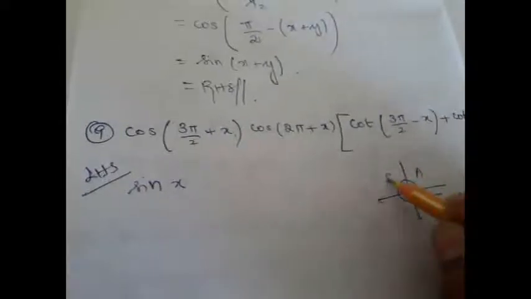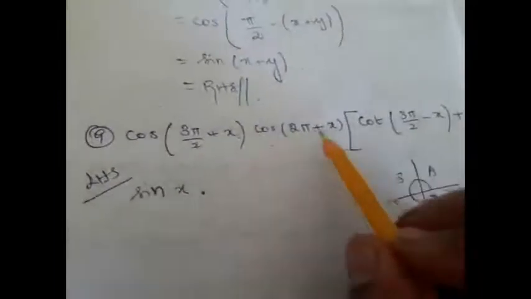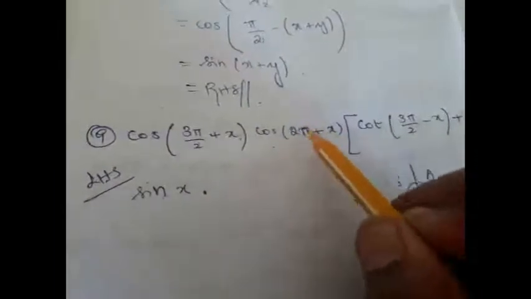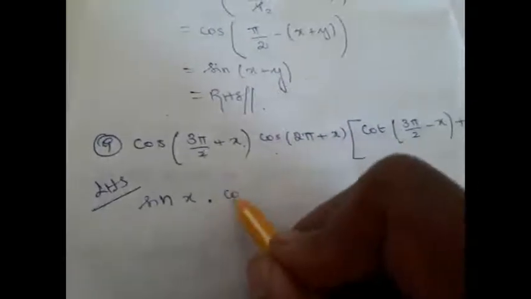All silver tea cups. So here cos and its reciprocal is positive. So cos will become positive. So it will be sin x into cos(2pi + x). Pi and its multiples, the trigonometric ratio will remain same. So this will become cos x.